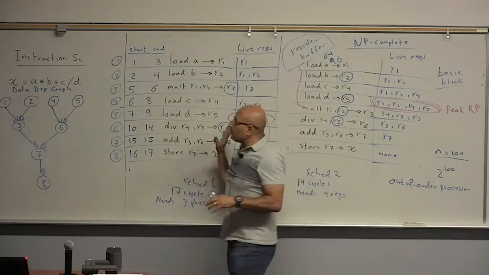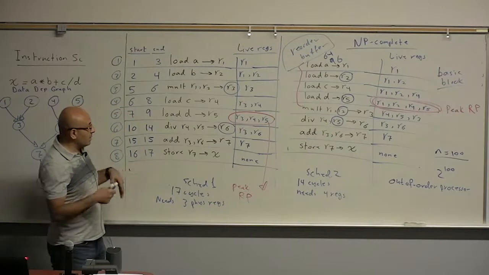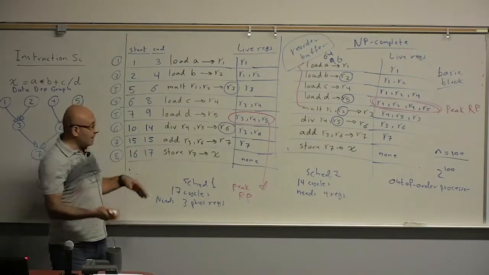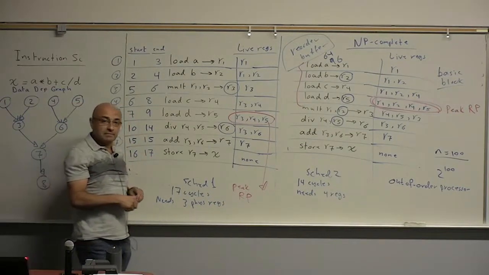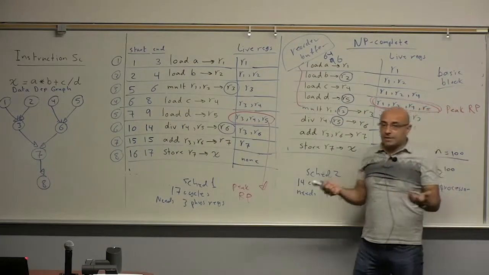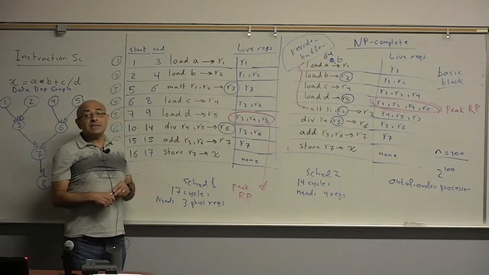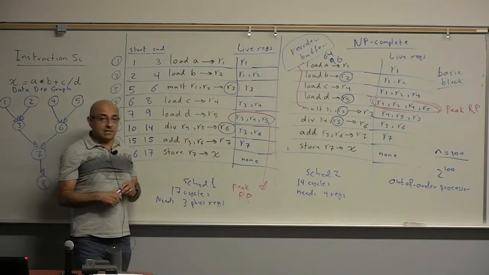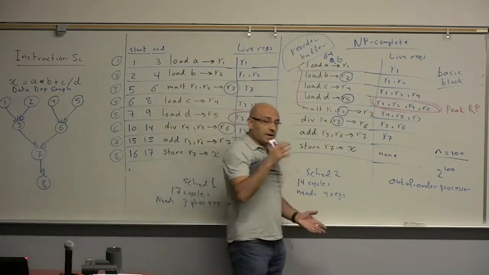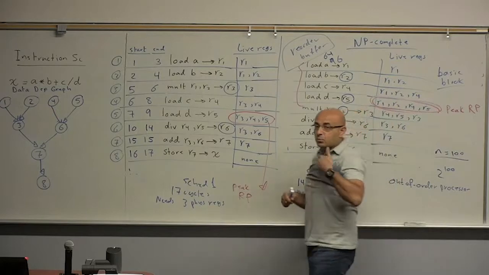All right, so now we know what instruction scheduling is. We know what register allocation is, and they conflict with each other. Minimizing the number of cycles conflicts with minimizing the number of registers. This is typical for compiler optimizations to conflict and interact with each other. Improving something can make something else worse.